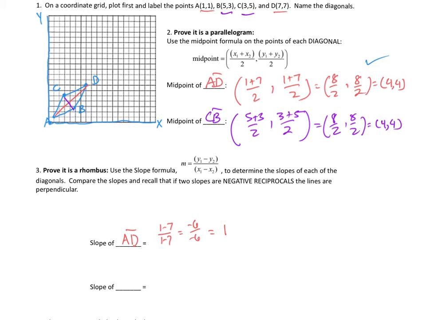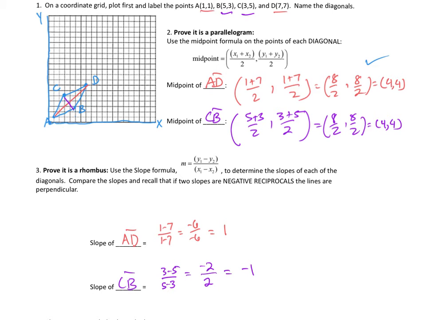Let's do the slope of CB, which is 5, 3. The y's on top, which is 3 minus 5, over 5 minus 3, which gives me negative 2 over positive 2, which is negative 1.